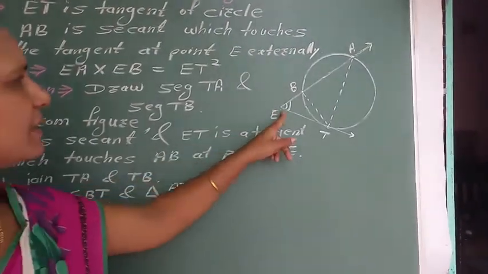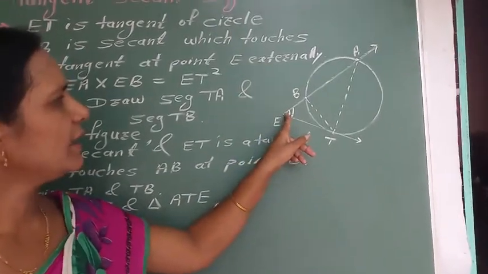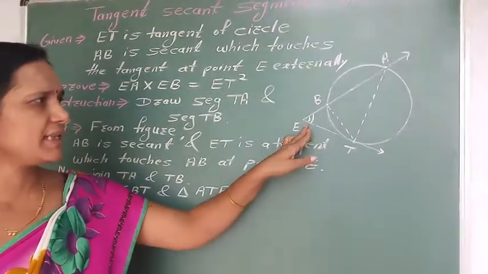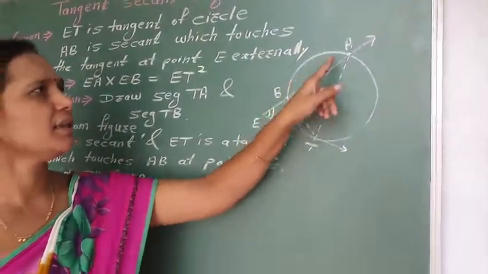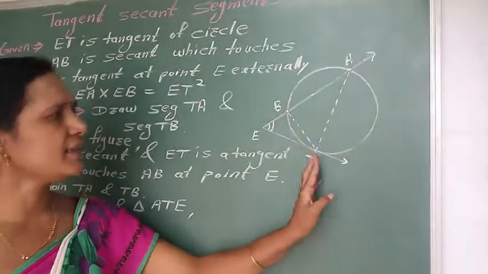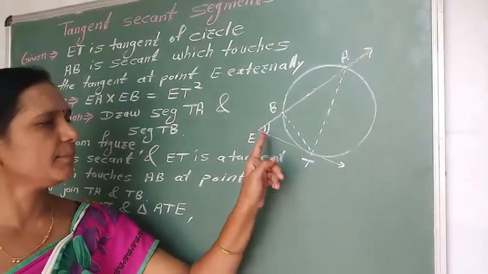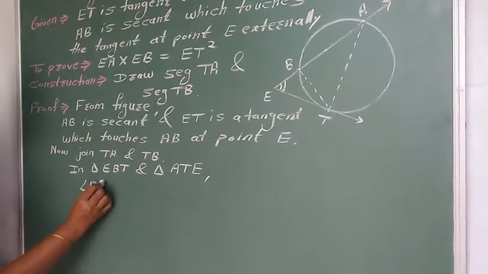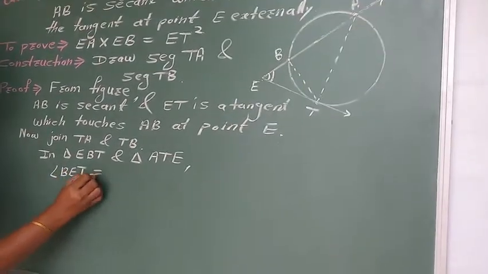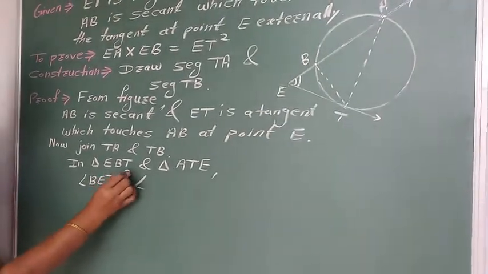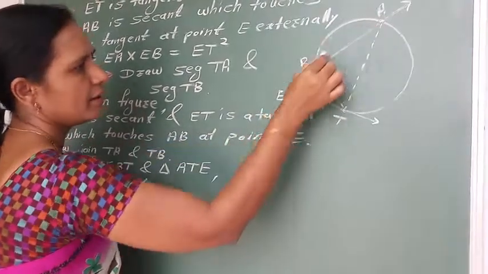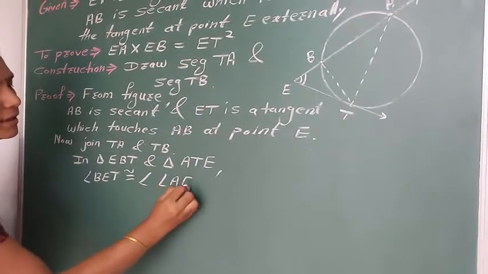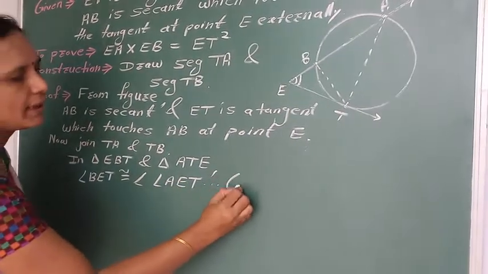This angle E is present in triangle EBT, and also in triangle EAT. So we write angle BET is congruent to angle AET, common angle.